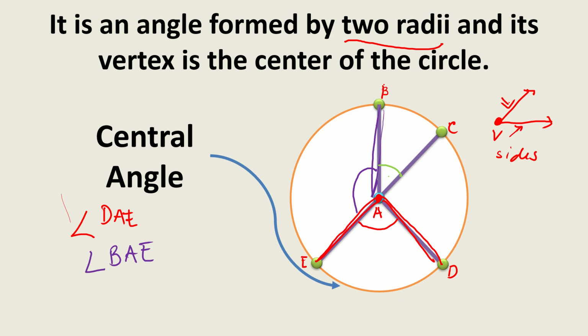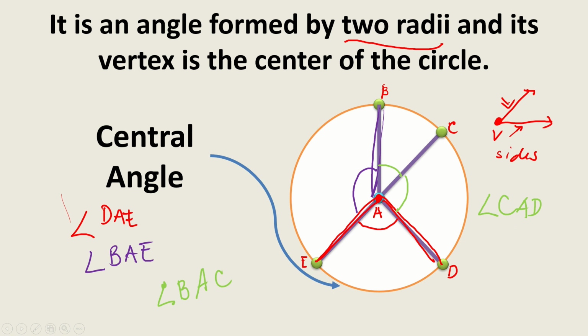So, ito, anong angle na to? Yung kulay green. Anong pangalan niya? So, that is angle BAC. Then, ito pa, angle din to, diba? So, that is named as angle CAD.